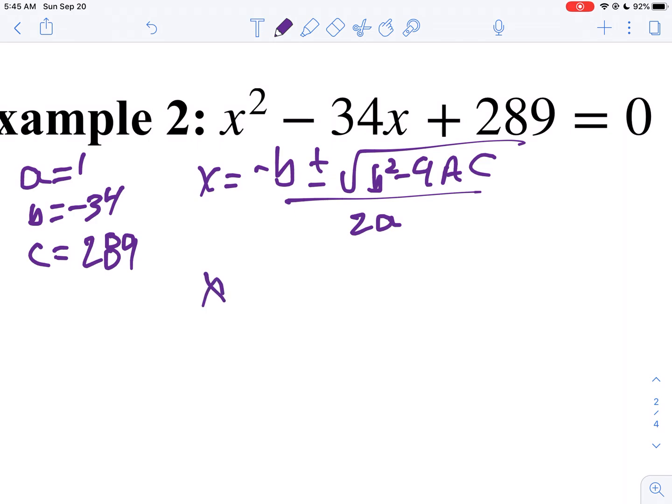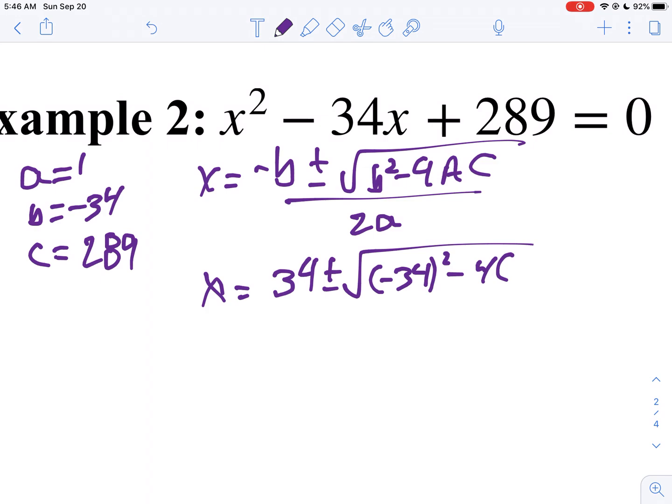So x equals, well, what's the opposite of negative 34? It's positive 34, plus or minus the square root of negative 34 squared minus 4 times a, which is 1, times c, which is 289. My, what a big answer we have here. All over 2 times 1.